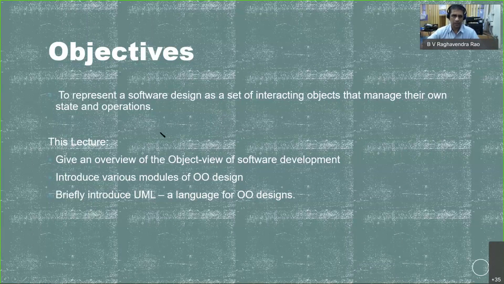The purpose of this lecture is to give an overview of the object view of software development, to formalize the modules of OO design and how to make an object-oriented design. Like I said, in the limited time we'll just quickly rush through it, and also motivate you to learn and use what is known as Unified Modeling Language, UML.